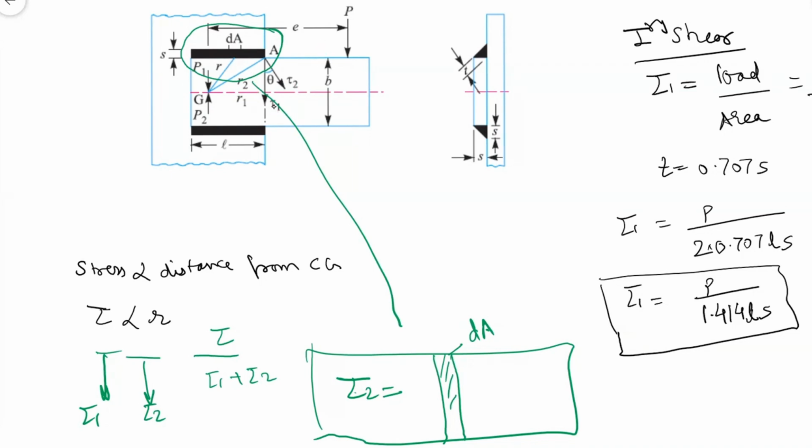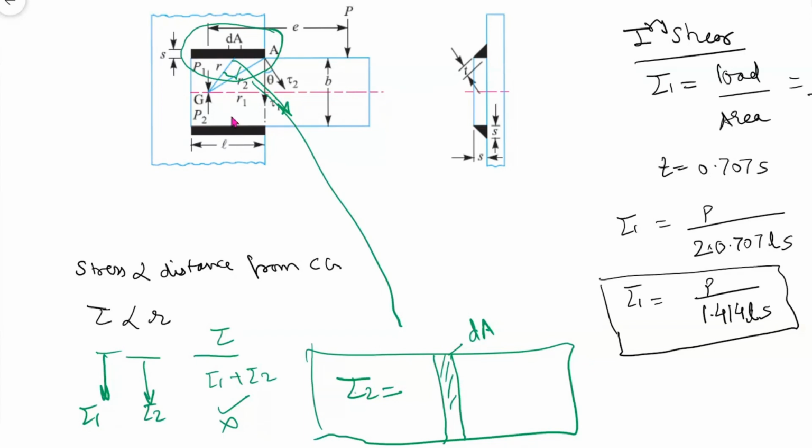Stress is perpendicular to the distance. So tau 2 will be like this, perpendicular to the radius here. So can we add tau 1 and tau 2 in that case? No. We will have to use the graphical method, or we will have to use the law of parallelogram of forces, correct?